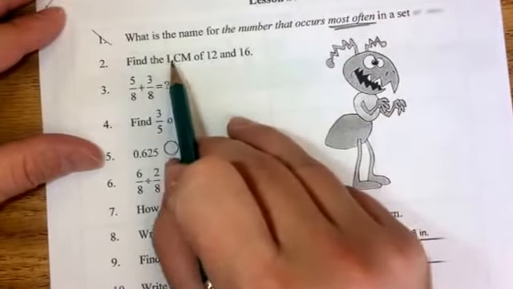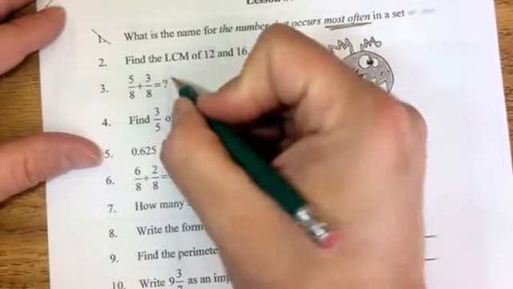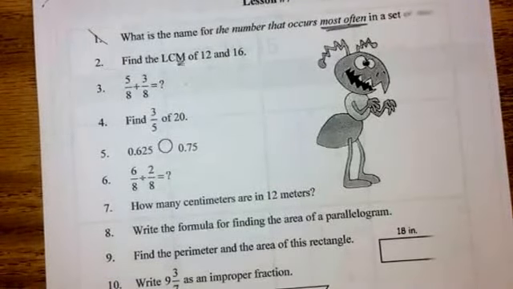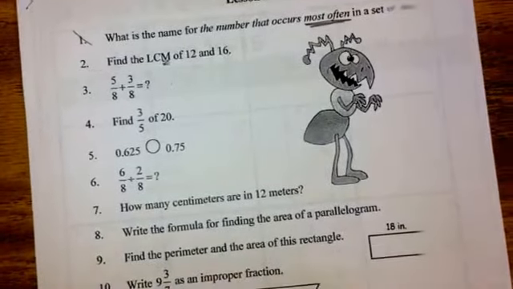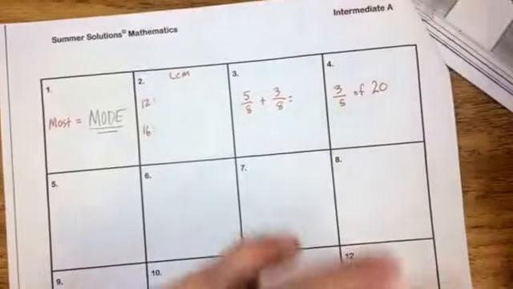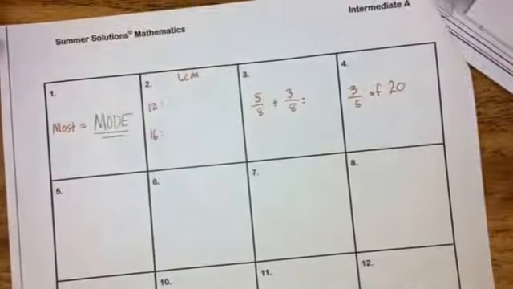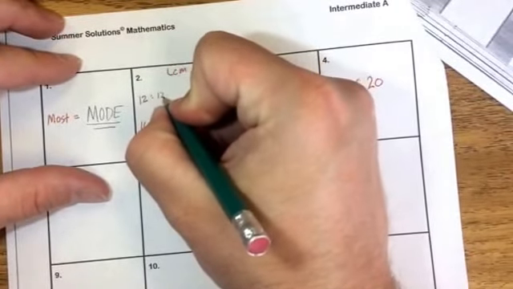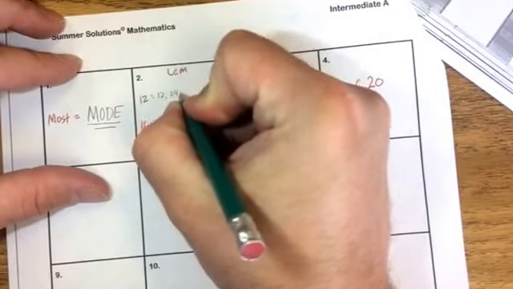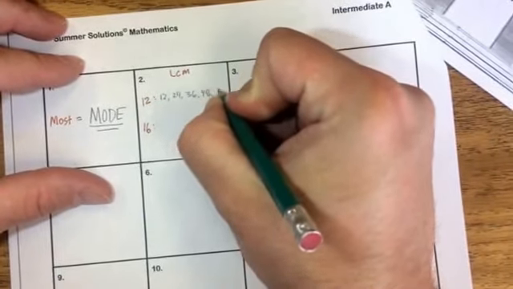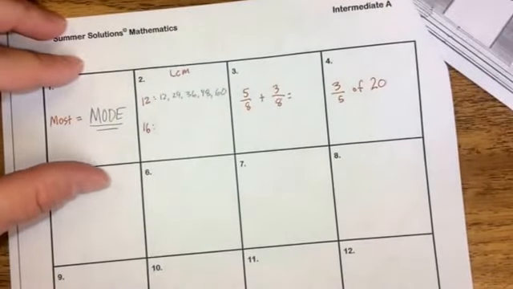All right, problem number 2. We need to find the least common multiple of 12 and 16. And remember, the multiples are the numbers you get when you're counting by that number. So I'm only going to go up to 5 because I'm pretty sure I can solve that, because it is the least common. So it's not going to be very big. My multiples of 12 are 12, 24, 36, 48, and 60, all the way up to 5, okay?